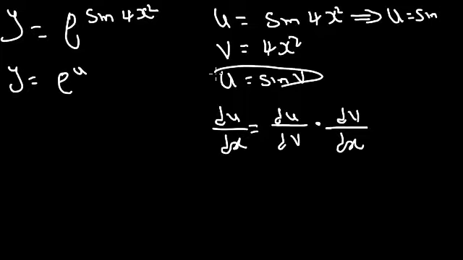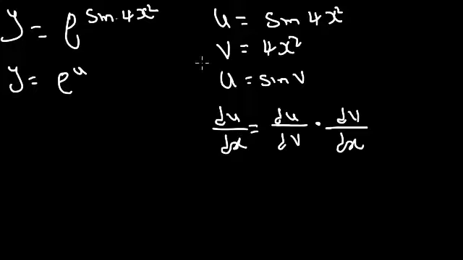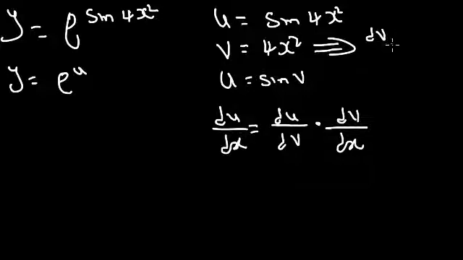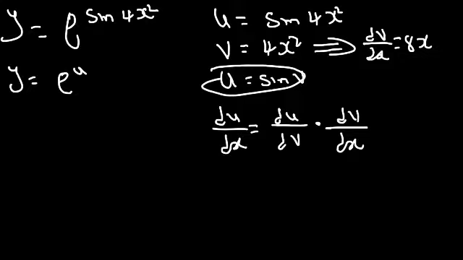Okay, we actually stated that here. Perfect. So I don't need to repeat that again. So basically, let's find the derivative of v with respect to x and the derivative of u with respect to v. So this clearly implies that dv/dx is simply 8x. By the time the 2 comes down and multiplies 4, and then we reduce the power by 1. And the derivative of u with respect to v is nothing but cosine v.